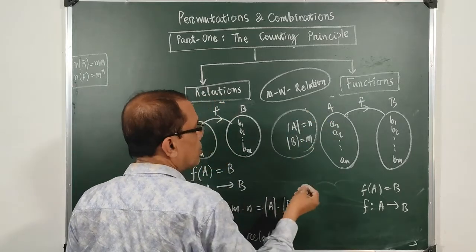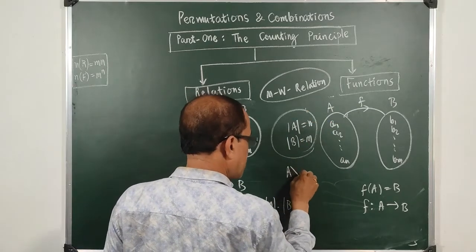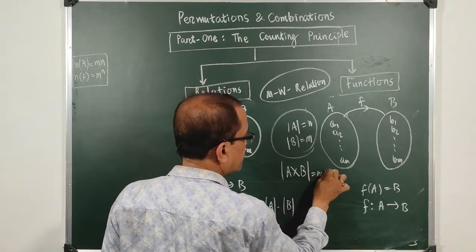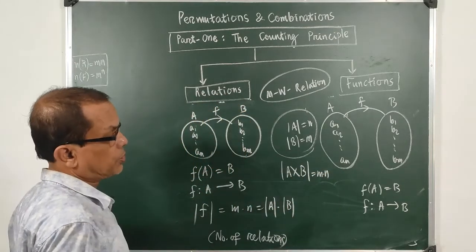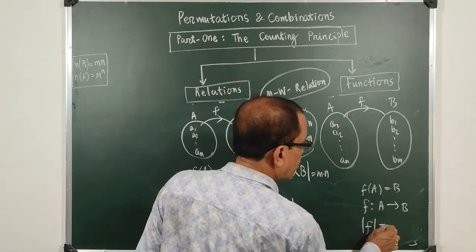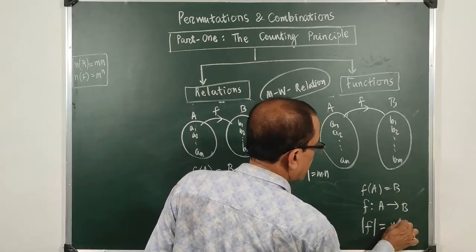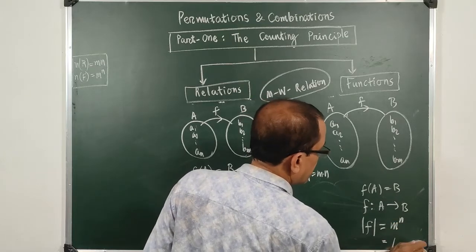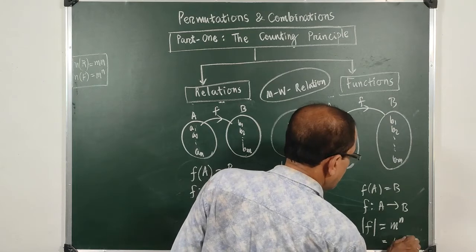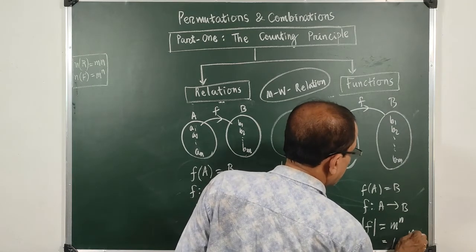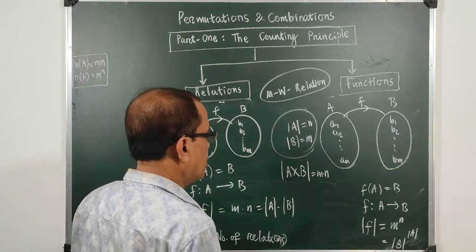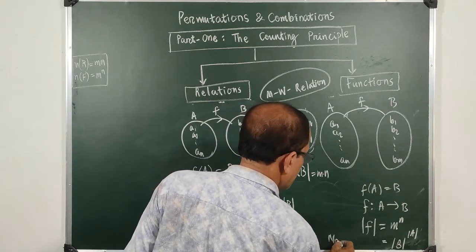Then the relation A cross B has the number of elements m into n when it is a relation, but in case of a function the number of functions becomes m to the power n, that is the number of elements in B to the power number of elements in A. So this is the difference between the two patterns. This is the number of functions.